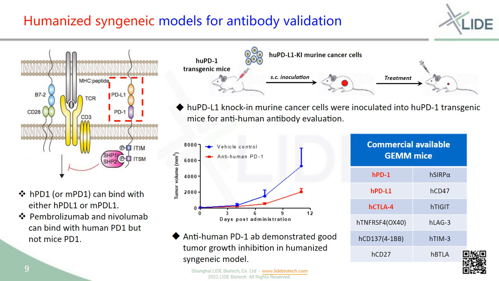Currently, there are more than 10 different IO targets. Human transgenic mice are commercially available. We highly recommend them, like human PD-1, human PDL1, and human CTLA4 transgenic mice. It gives very nice in vivo efficacy.